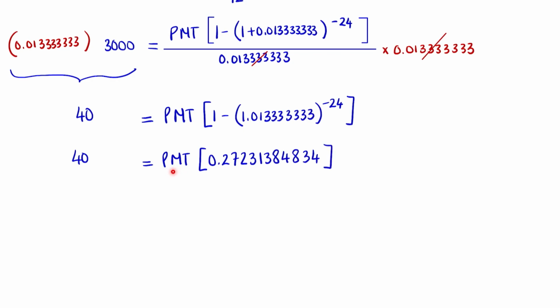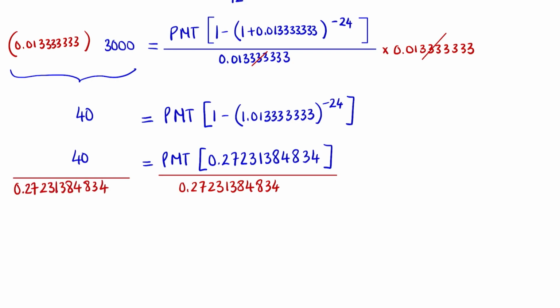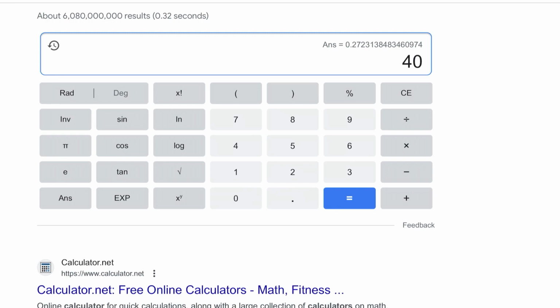And to find the PMT, I divide both sides of this equation by this number in the square bracket, and this number got canceled out. I'll take 40 divided by 0.27231384834, and this is my answer.